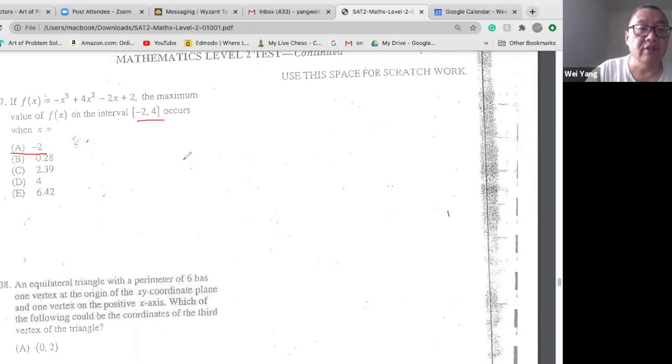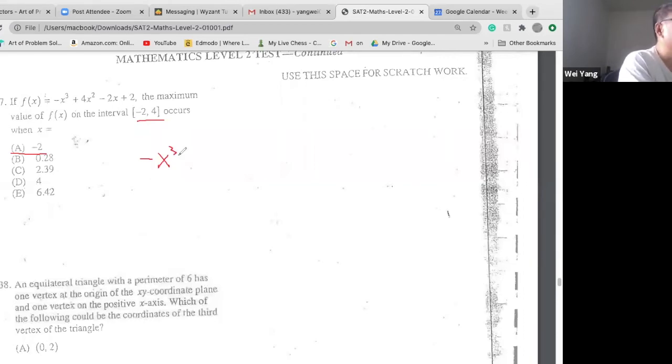Okay, so let's see if we can factor this. x equals -2, x minus 4. Yeah, you can write negative x cubed for this one, because they allow you to use a calculator.